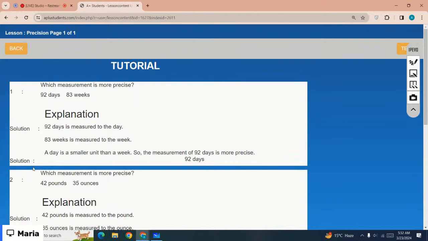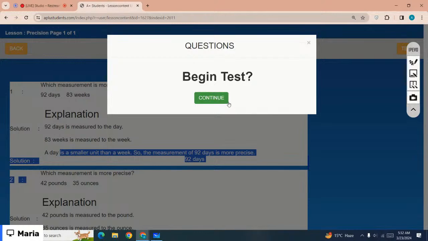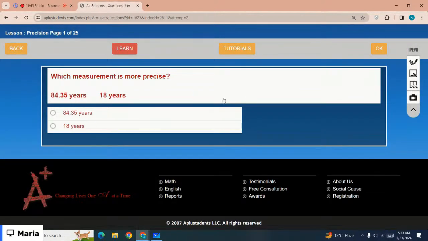Okay, let's just start. So keep this very important point in your mind: a smaller unit is a more precise value, right?